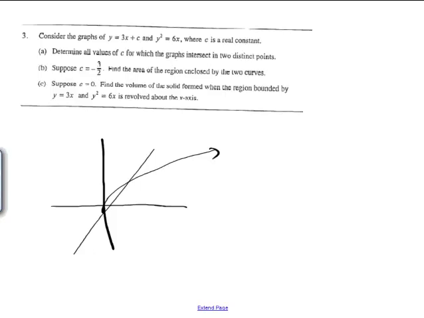Okay, so we find out the points of our intersection, and so that's happening here. They start at 0, and this is the point 0, and this is the point 2/3, and we're going to take this whole region and revolve it around the x-axis.